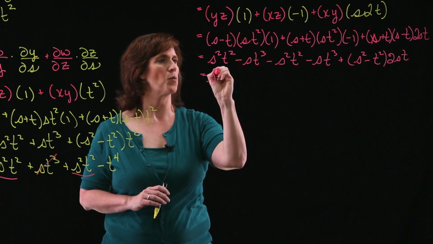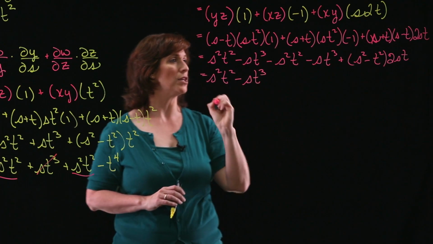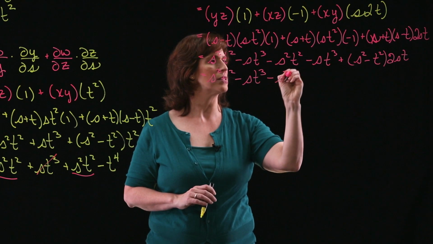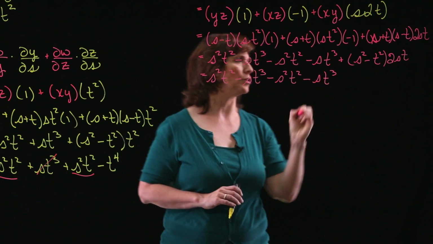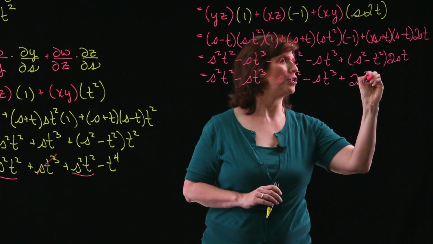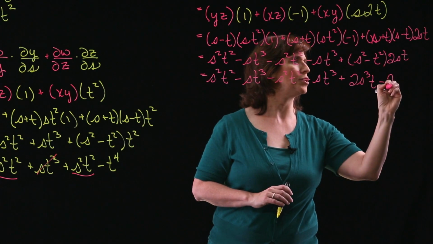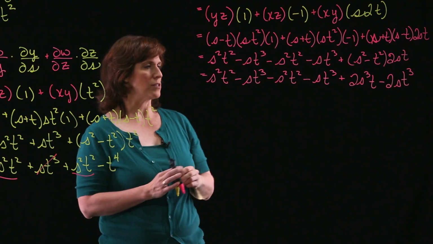So I've got s squared t squared minus st cubed minus s squared t squared minus st cubed plus 2 s cubed t minus 2st cubed. Okay, so let's see here.